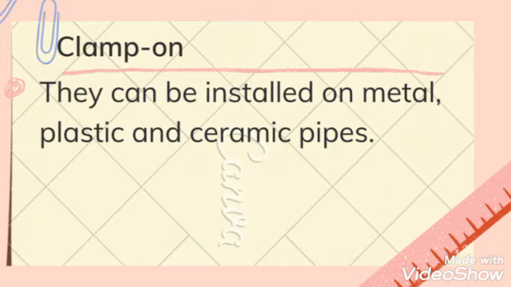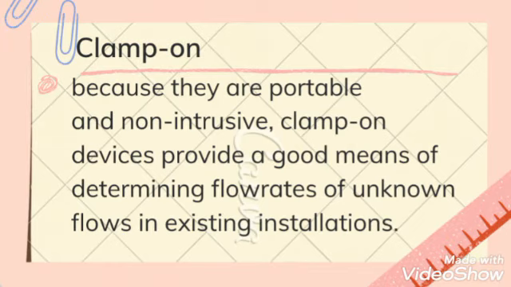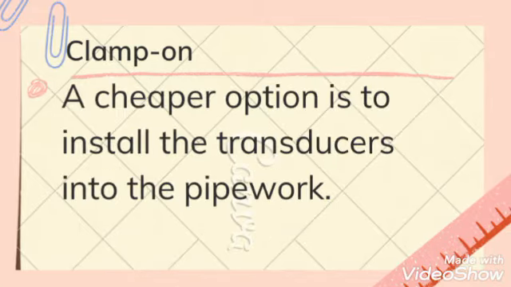They can be installed on metal pipe or plastic or ceramic pipe. We can install on any type of pipe because they are portable and non-intrusive. Clamp on devices provide a good means of determining flow rates of the unknown flow in an existing installation.